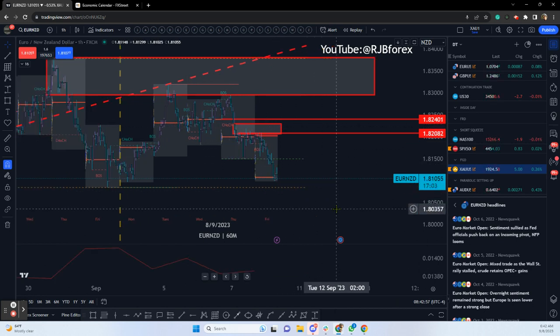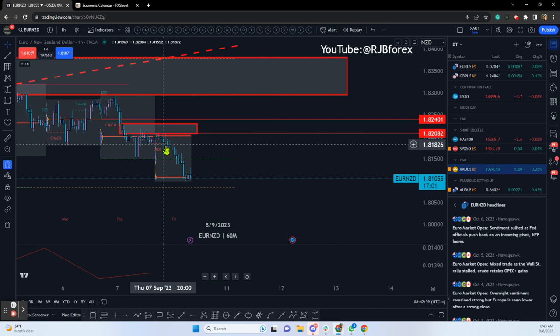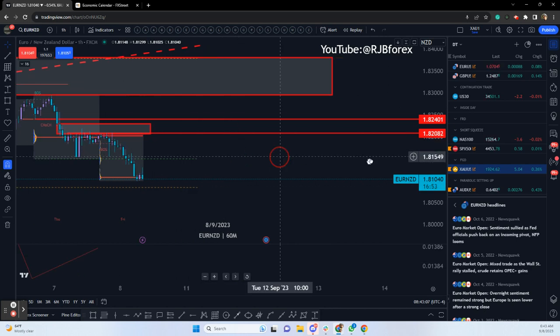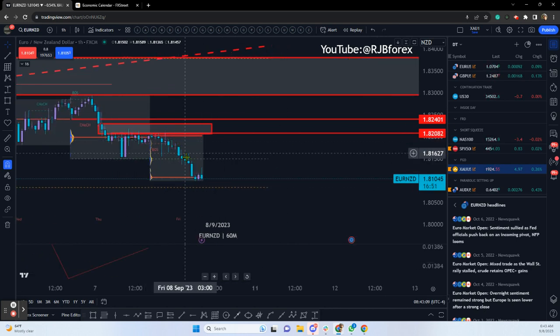So on a pullback, the bias would be to short and target a break of last week's lows, right? So impulse, correction, maybe there's more to come in the correction, maybe to retest those lows, perhaps, and then the continuation to the downside.